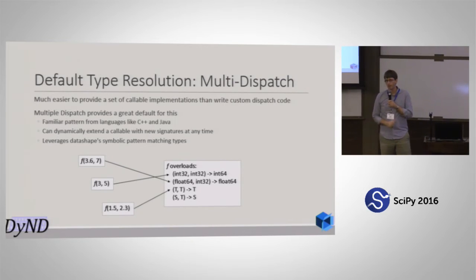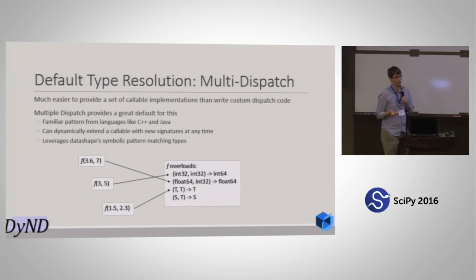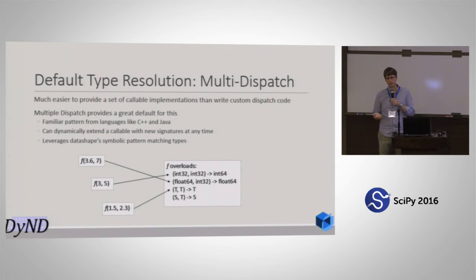So that's not going to be what we want to do most of the time, because another goal of DyND is that it be dynamically pluggable at runtime. So we want to be able to add new overloads to a given function. Like let's say you create a new float type. You want to be able to add your overloads to all the standard functions and have it work.